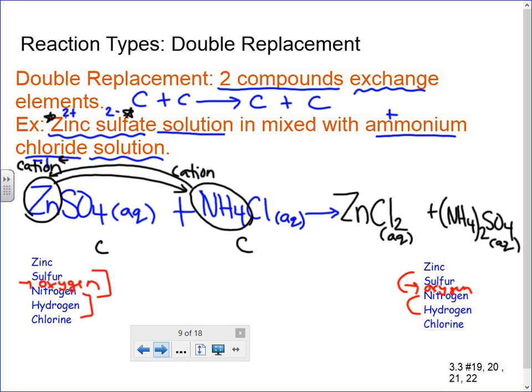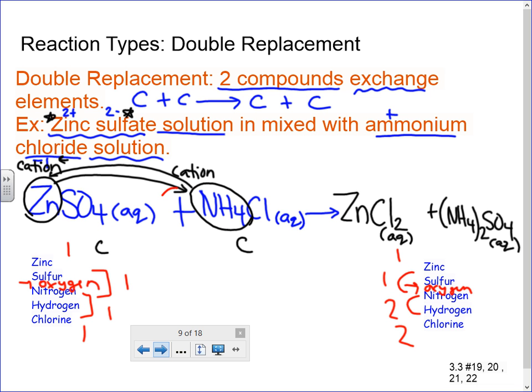So on the left, I can see I have 1 zinc, 1 sulfate, 1 ammonium, and 1 chlorine. On the right, I have 1 zinc, 1 sulfate, 2 ammoniums and 2 chlorines. So it's ammonium and chlorine that are not in balance.